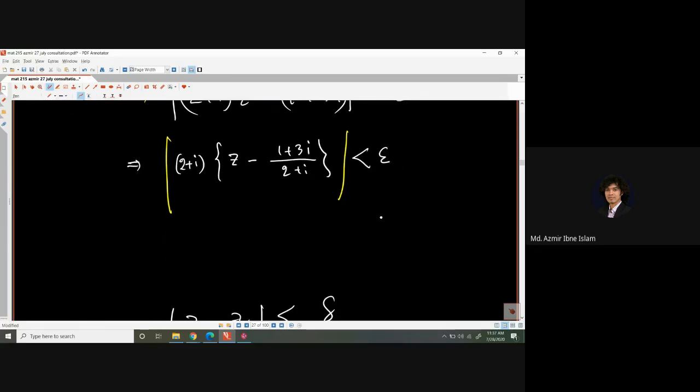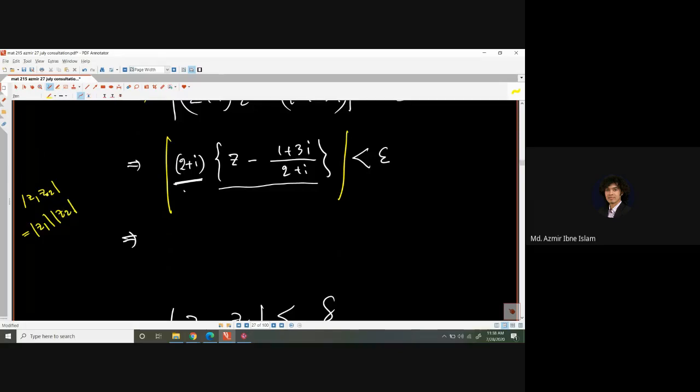In complex analysis, we have a number of proofs or theorems. Think about this: this is a complex number, this is another complex number. You know a property you learned in week 1: if we have the modulus of z1 times z2, we can write it separately as modulus of z1 times modulus of z2.